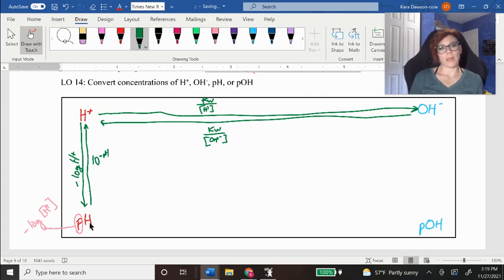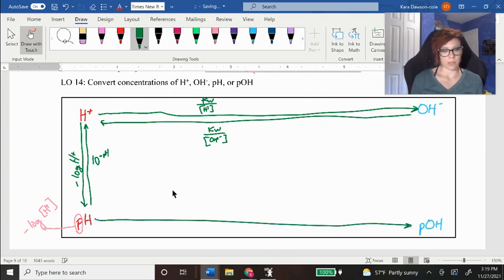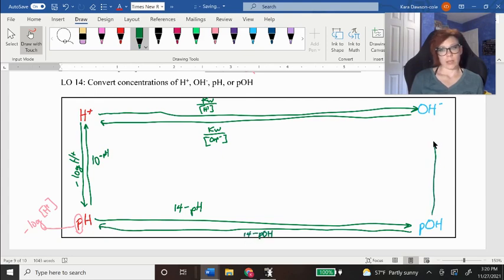If we're moving from pH to pOH, you're going to take 14 minus the pH to get your pOH. And if you're going from pOH to pH, it's going to be 14 minus the pOH. I can also go from OH minus to pOH.